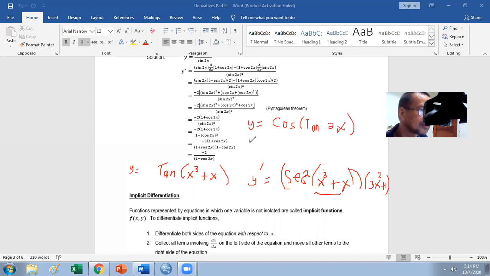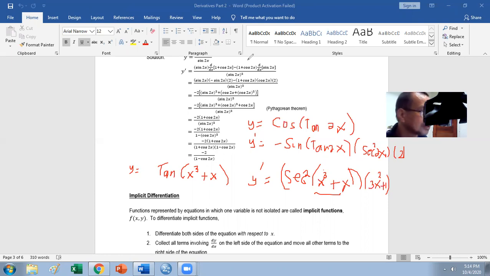Okay, so your first derivative is equal to the derivative of cosine is negative sine of tangent 2x times the derivative of tangent 2x, secant squared 2x, okay, times the derivative of 2x is 2 there. So this is that derivative.